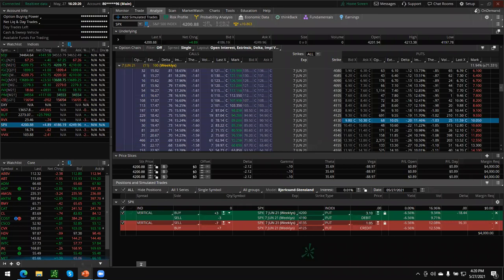Okay, couple things. SPY is the ETF on the SPX, and it's basically 1/10 of the SPX. It's going to have less premium strike for strike, which means you have to do a bigger lot size, which means you have bigger commissions.